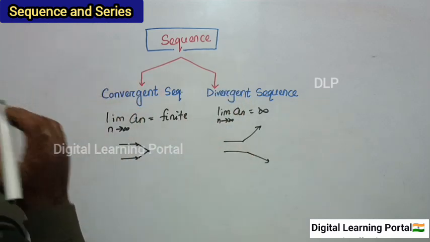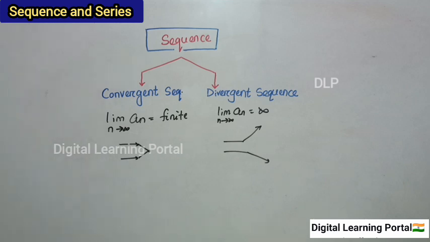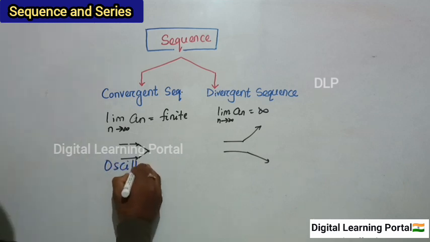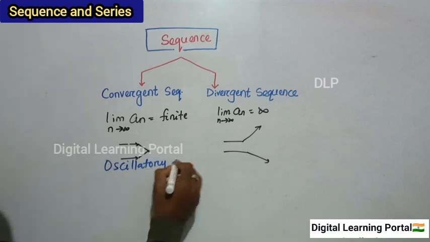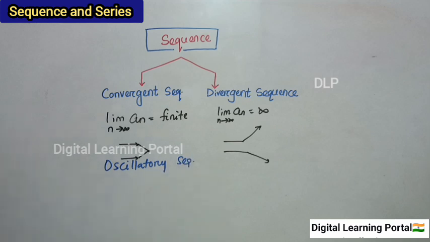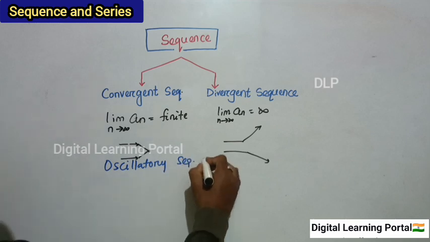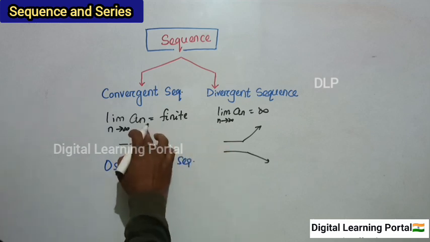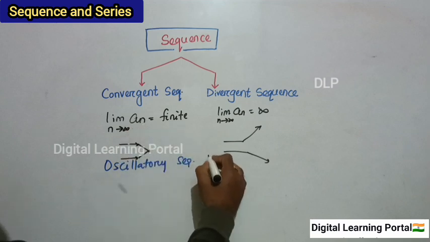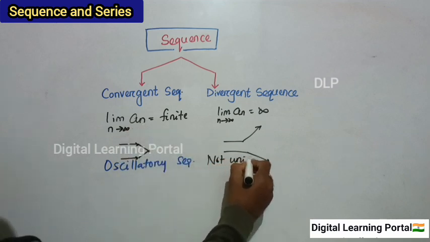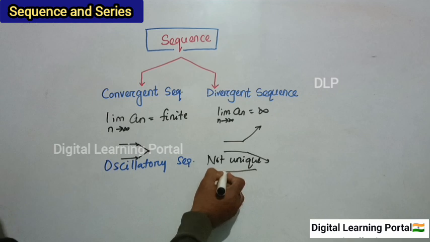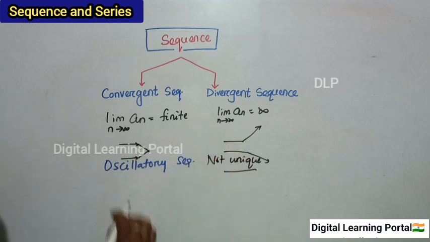So here is the definition. What about our oscillatory sequence? If the limiting value of the general term a_n is not unique, then we call it an oscillatory sequence.